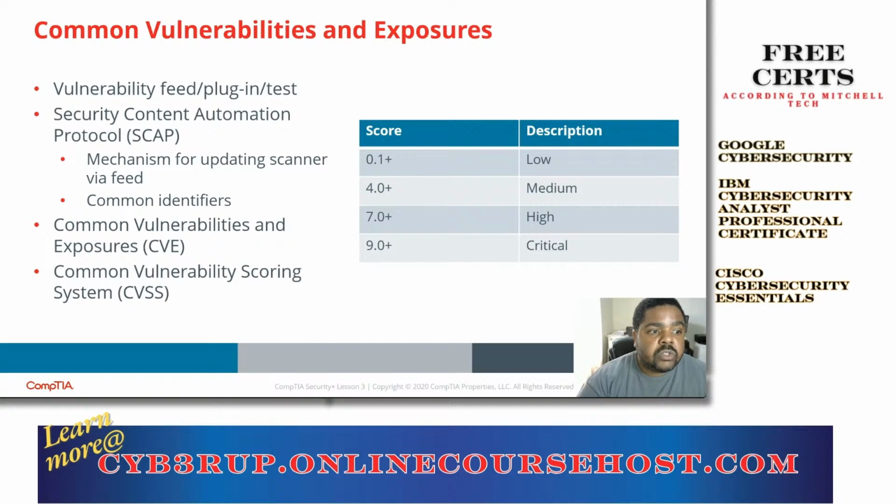Then the scoring system is the CVSS, the Common Vulnerability Scoring System, and you'll normally see it as a scale from 1 to 9. The closer you are to 1, the more likely you could let that vulnerability slide. But the more you're getting up to your 7s, 8s, and 9s, you probably want to seek the patch or whatever remediation they advise, and apply it as soon as possible.